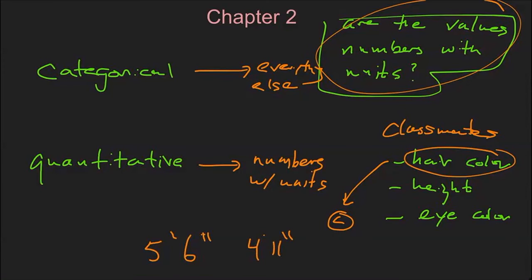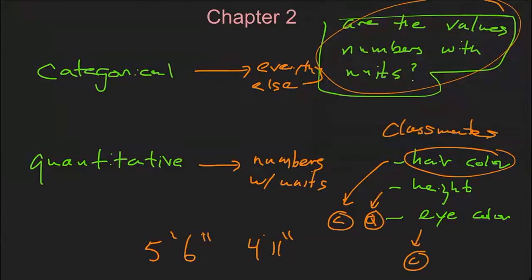We have numbers, inches and feet are units. So height would be quantitative. And eye color, what are the values for this variable? Will that be like brown, blue, green, black, so on? Or maybe, I don't know if black is an eye color, but anyways, I think you get the point. So not numbers with units. So categorical for eye color.